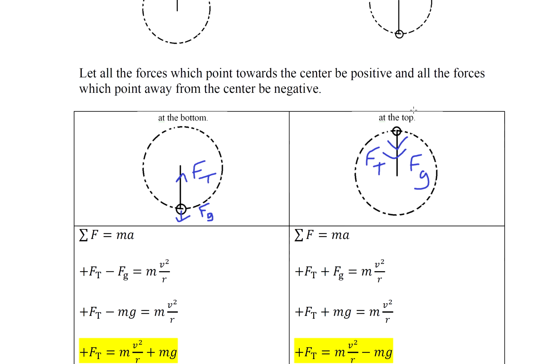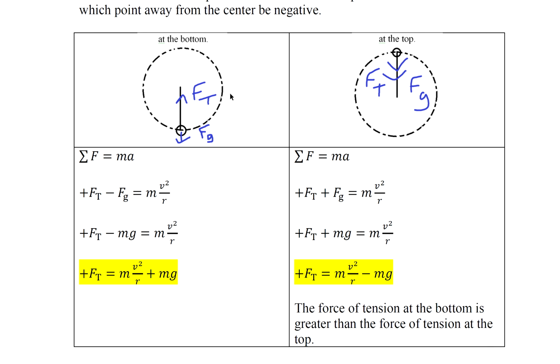Okay. Well, at the bottom of the string, sigma F equals ma. Force of tension is pointing towards the center, so it's positive. Force of gravity is away from the center, so it's negative. And circular motion acceleration is v squared over r.